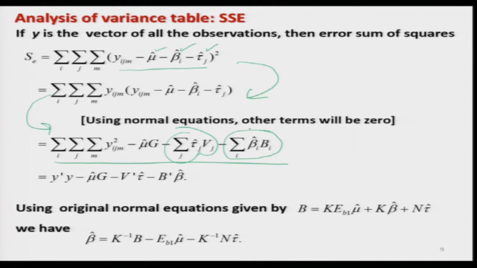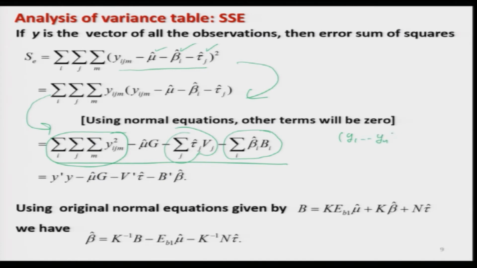We already have done this exercise when we were trying to obtain the normal equation using the summation approach. This is the sum of squares due to the observations.